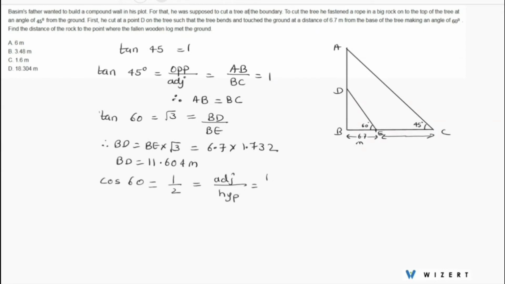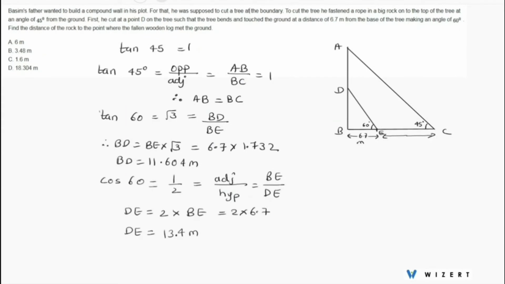So in this case, it is BE upon DE. So we get DE equal to 2 times BE, which is equal to 2 times 6.7. So we get DE equal to 13.4 meter.